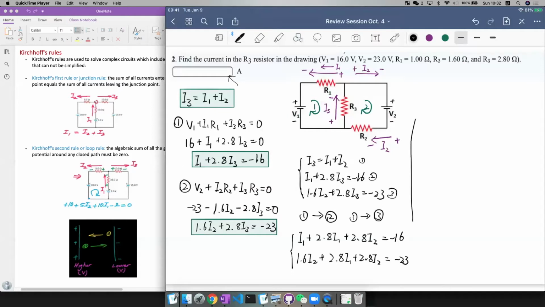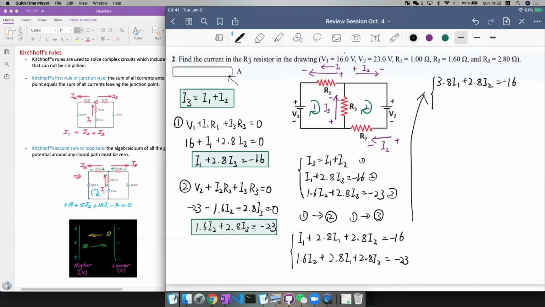So now we moved here, simplify it a little bit. We have 3.8 I1 plus 2.8 I2 equals negative 16. Right, check it again, yeah.